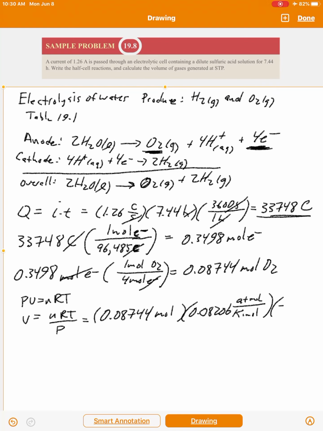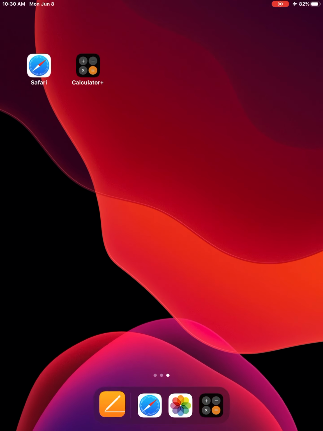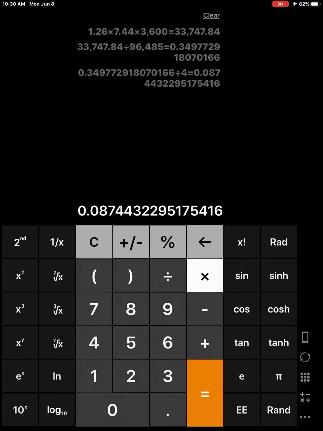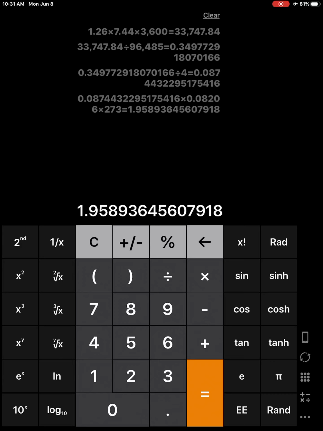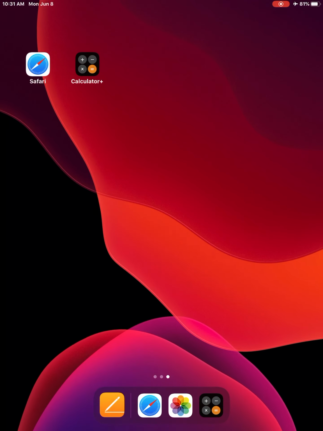Temperature is STP, so 273 Kelvin. And then luckily this is 1 atmosphere because it's STP. So if you go through the dimensional analysis, you'll get that it's in liters. So just multiply it by RT. So times 0.08206 times 273, and you get 1.96 liters.